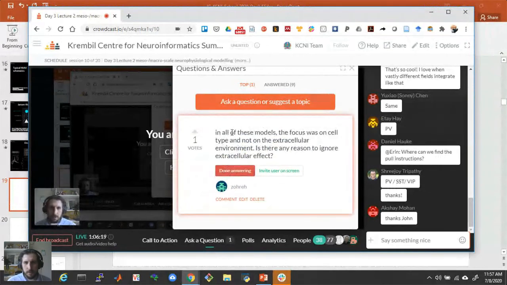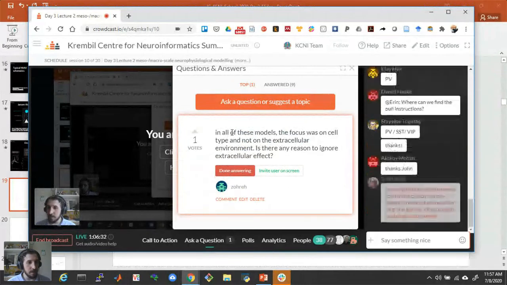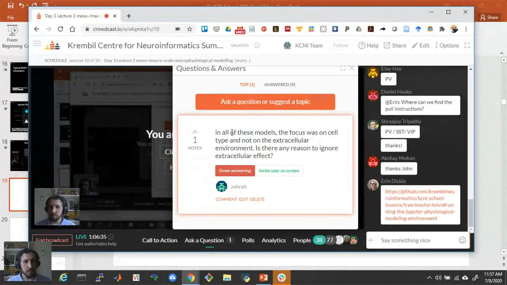In all of these models, the focus was on cell type, not extracellular environment. Is there a reason to ignore the extracellular effect? By extracellular effect, maybe you mean ephaptic coupling and local fields. If that's the case, then yes, that's ignored. There are voices coming from various corners arguing for including ephaptic effects in particularly micro level models, but it's not something that is really discussed much at the level of neural population models.